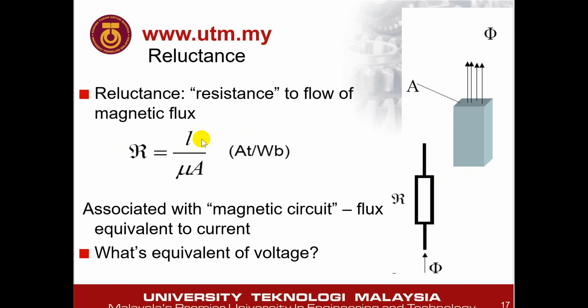It is calculated as L divided by mu A, where mu depends on the material, A is the mean area and L is the mean length. The unit is AT per Weber, ampere turn per Weber.